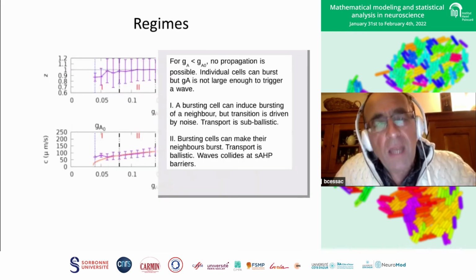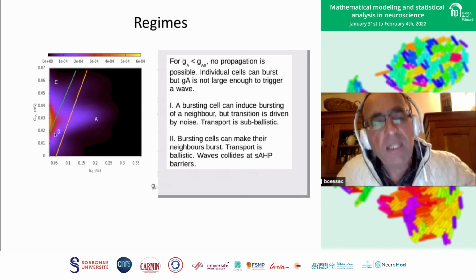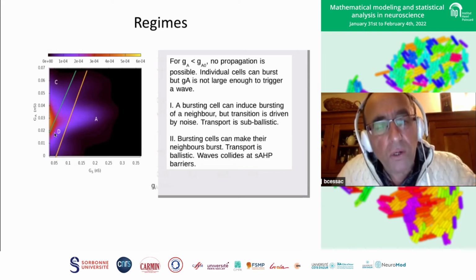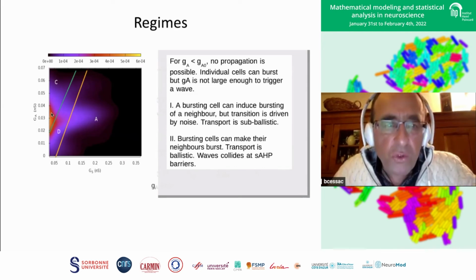Now in region 2, we have acetylcholine strong enough to induce a wave propagation. So the cells are spending some time in region C and some time in region D. When they are in region D, they can burst due to noise. Then they increase the acetylcholine intensity, and some cells go to region C, so they start to go to the limit cycle.